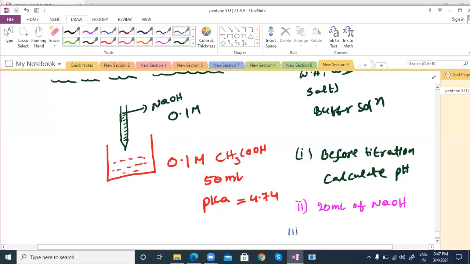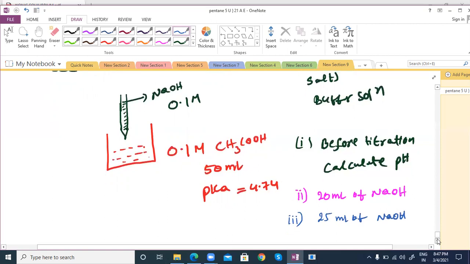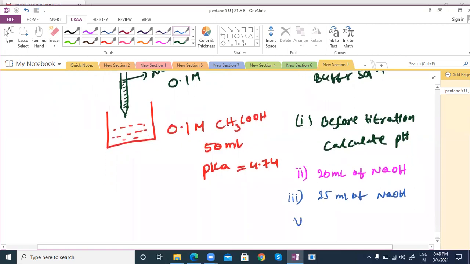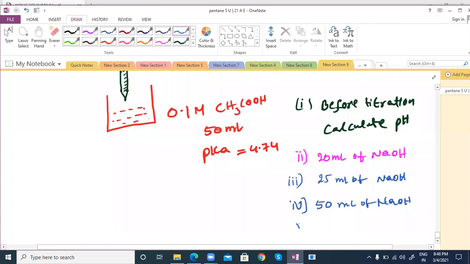And third case, we're adding here 25 ml of NaOH. And fourth case, assume that I'm adding 50 ml of NaOH. And fifth case, assume that I'm adding 70 ml of NaOH.